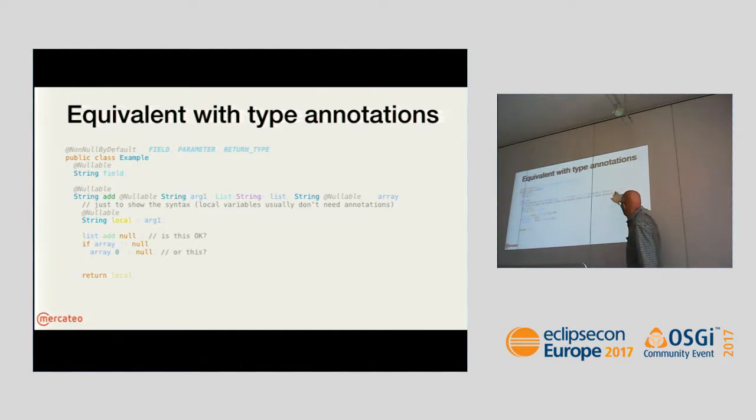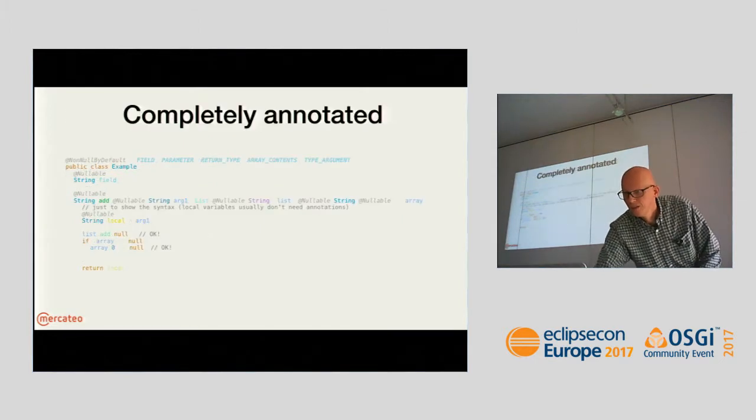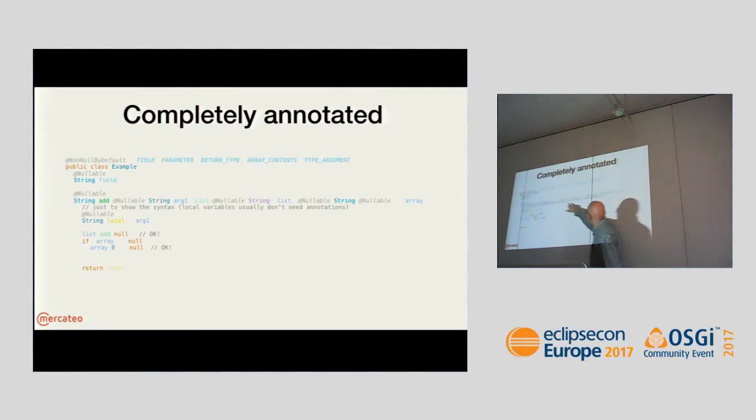Imagine there's an array here. But to really annotate it, you can now say the contents of the array is maybe nullable. The array itself may be nullable. Same thing for the list. This list is not annotated. The list itself is non-null, but the contents may be nulls. So this is good now.